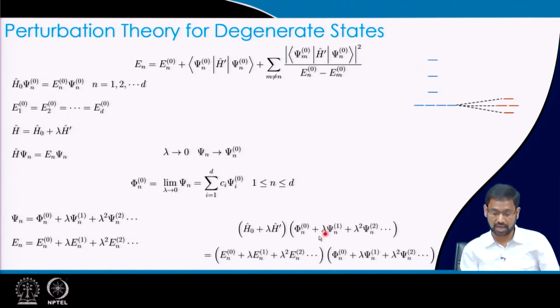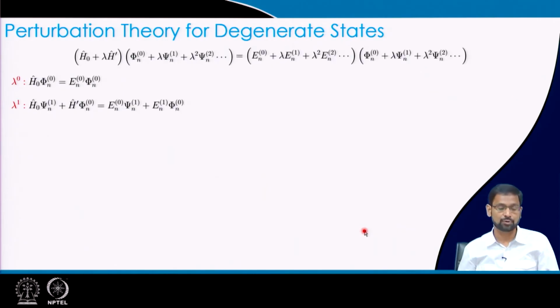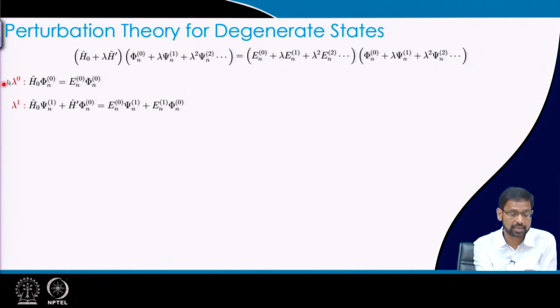So I have H psi equals E psi, and just like the previous case, I would extract terms of different orders of lambda. For example, if I am collecting all the terms which are independent of lambda from this equation, I would see H0 phi n0 equals En0 phi n0. So this is a mere statement of the fact that unperturbed eigenvalues and unperturbed eigenfunctions are known, that is lambda 0.